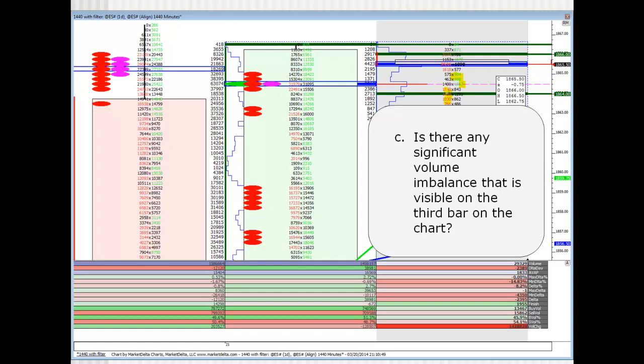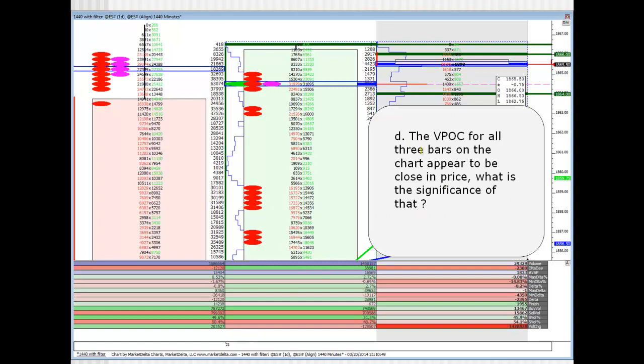And it's not really significant volume imbalance. If you take a look at the numbers, they're not 3-4 times. It's just maybe 40% above or 20% above. There's no significant imbalances on that bar.